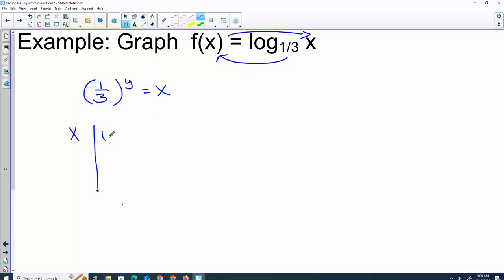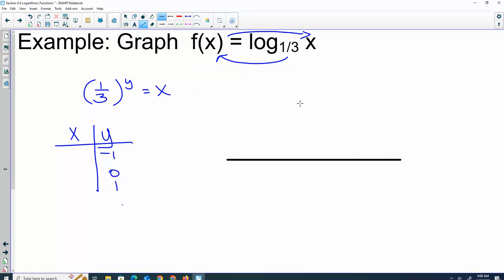So my t-chart, y is the exponent, so that's where I'm plugging in -1, 0, and 1. What is 1/3 to the -1? One-third to the 0 and 1/3 to the first. It's 1/3.